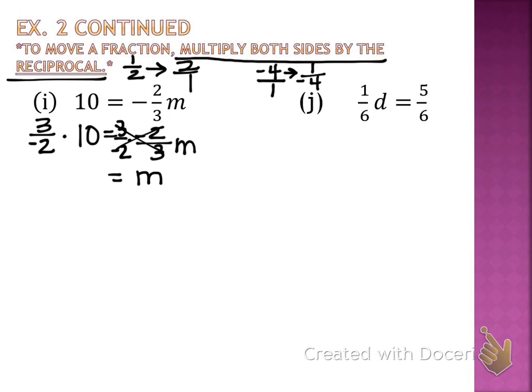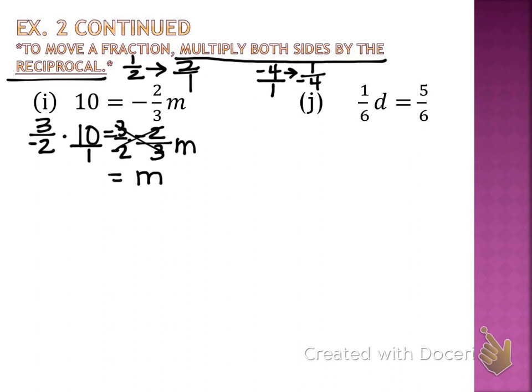And be very careful. That's a 3 over negative 2, okay, times a 10. But remember, 10, if I want to write it as a fraction, is going to be 10 over 1. So if you're working it out on paper, just keep that in mind. Or if you're sticking it in your calculator, either way, what is your final answer going to be? Noah. M equals 10.